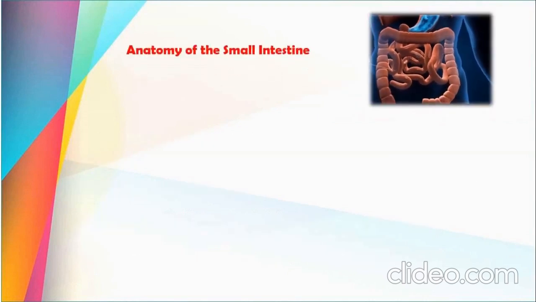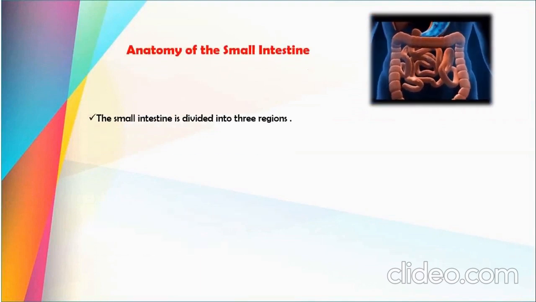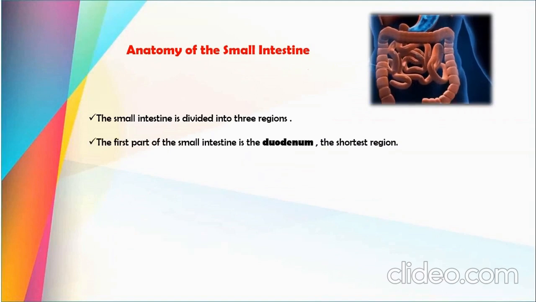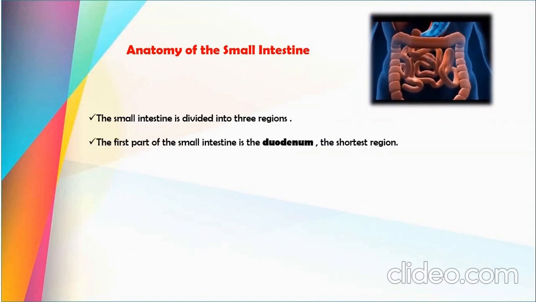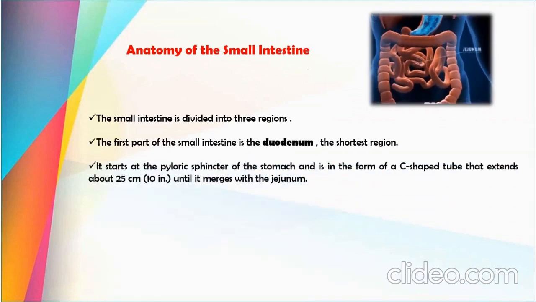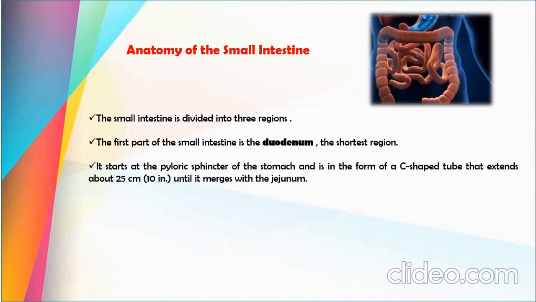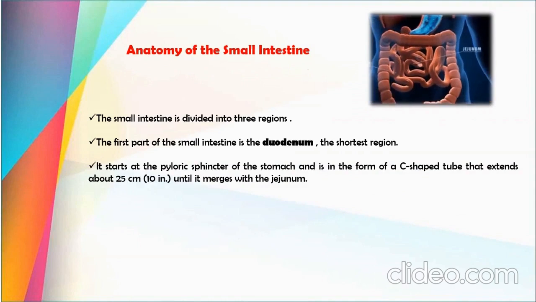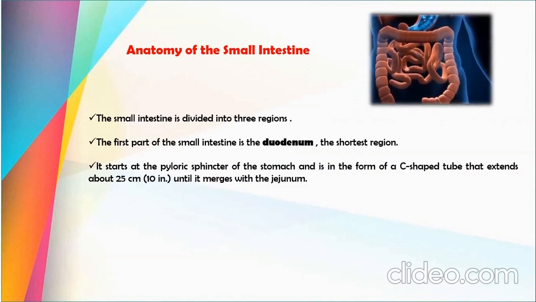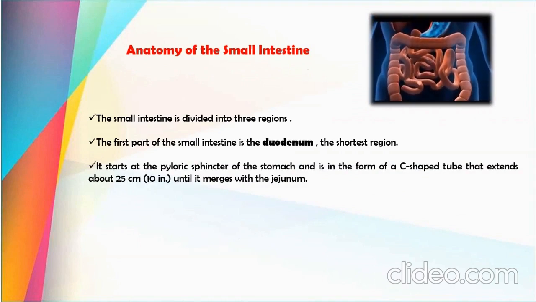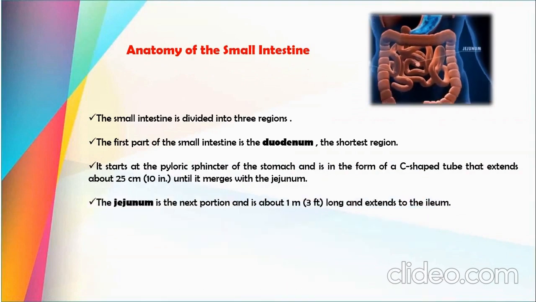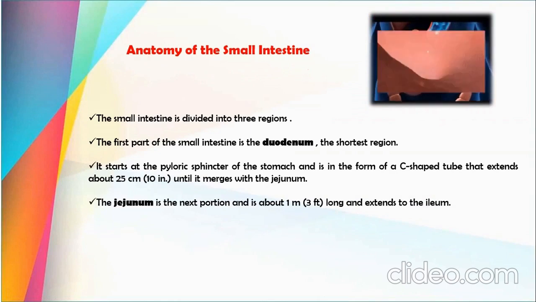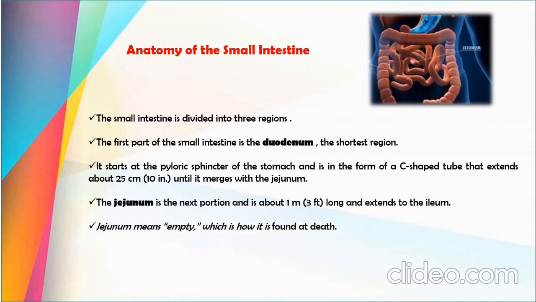Next is the anatomy of the small intestine. The small intestine is divided into three regions. The first part of the small intestine is the duodenum, the shortest region. It starts at the pyloric sphincter of the stomach and is a C-shaped tube that extends about 25 cm until it merges with the jejunum. The jejunum is the next portion; it is about 1 meter long and extends to the ileum.